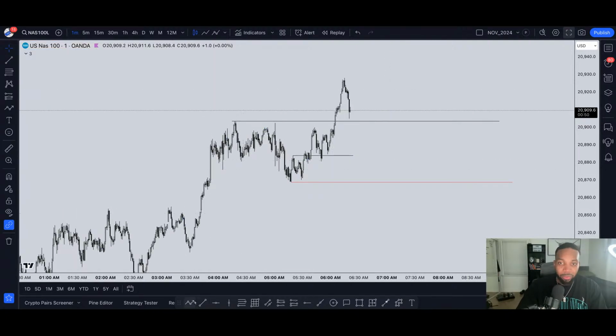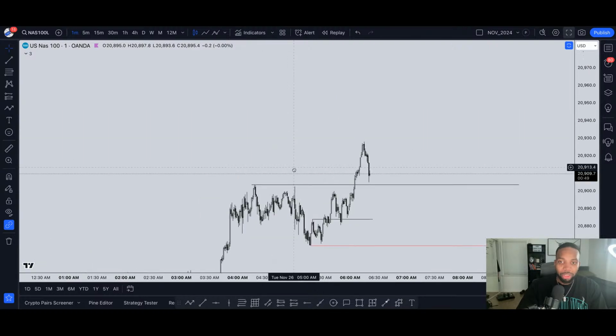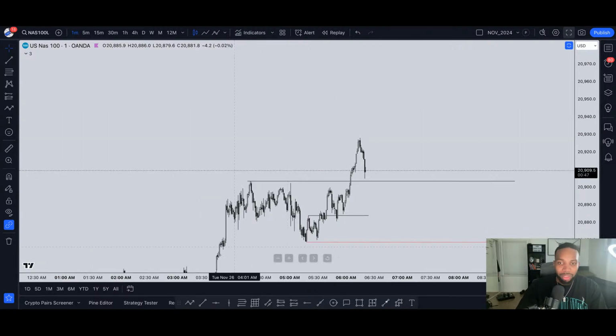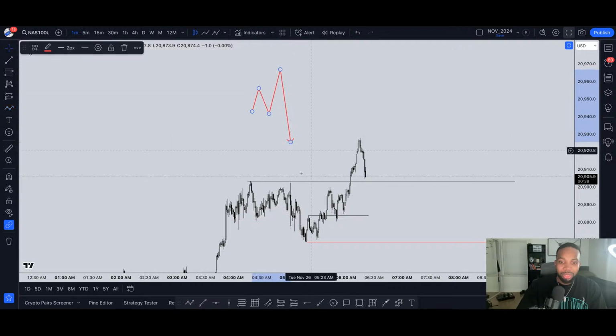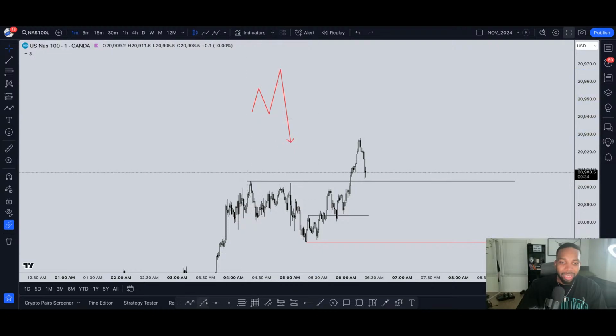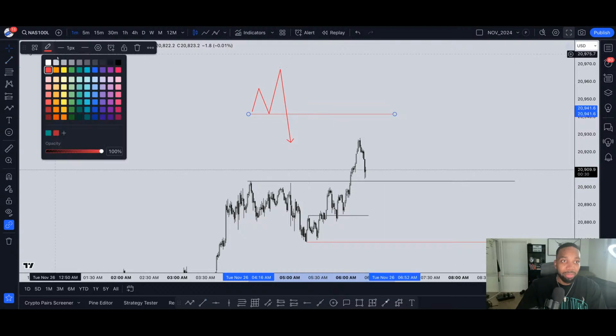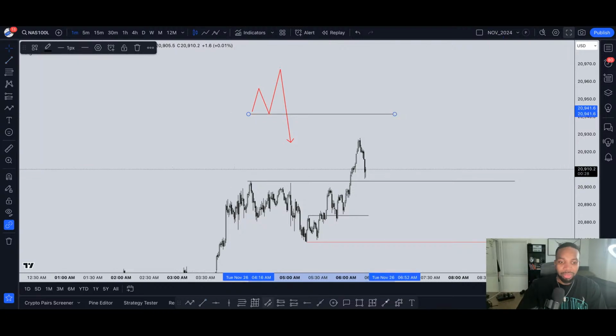Because in order to sell, structure has to confirm that. You would have to see some type of highs and lows, and then we sweep the highs, and then we break above the lows. And then once price comes back down for that retest, that would make the most sense based off structure.